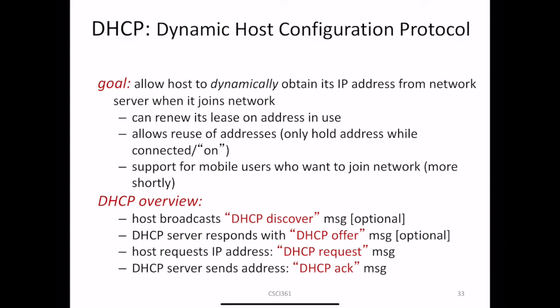And then let's see the DHCP overview, or how DHCP works. It starts from the host. The host will broadcast a DHCP discover message, and then the DHCP server will respond with a DHCP offer message back to the host, and then the host requests the IP address with the DHCP request message.